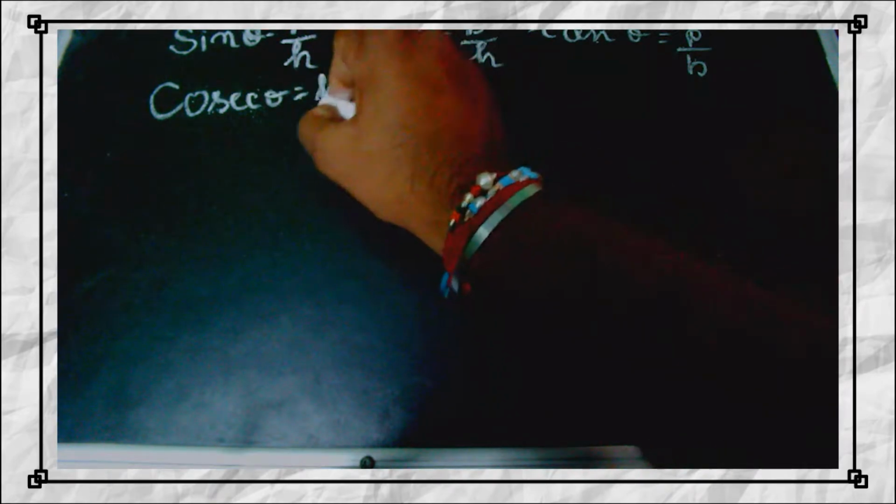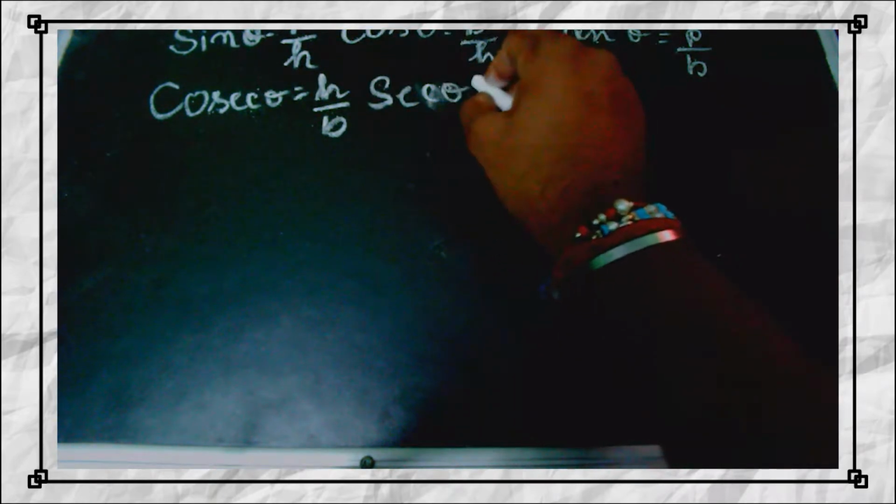Now we will try to relate these 6 fundamental trigonometric ratios with each other. As said earlier, sin theta equals perpendicular by hypotenuse, cos theta equals base by hypotenuse and tan theta equals perpendicular by base, whereas cosec theta equals hypotenuse by perpendicular, sec theta equals hypotenuse by base and cot theta equals base by perpendicular.